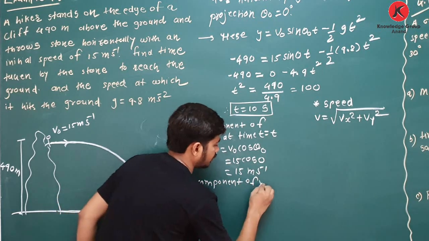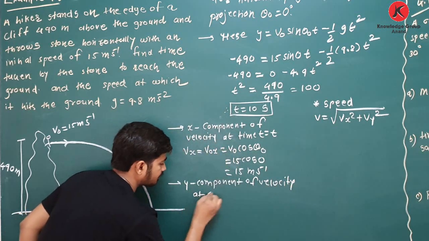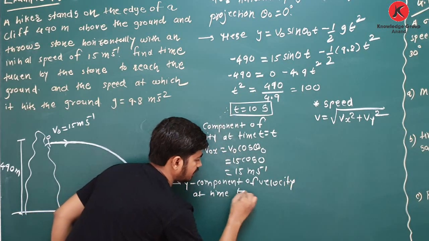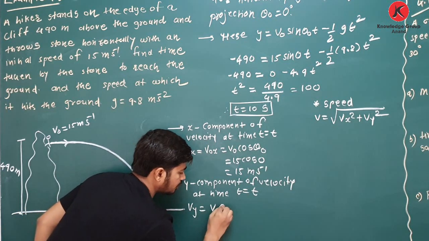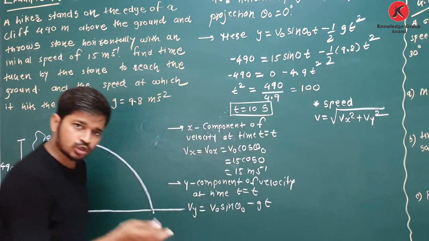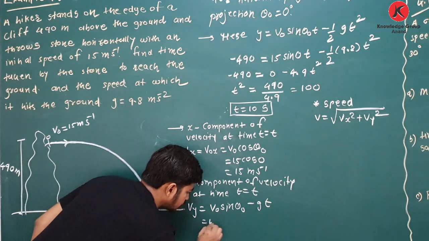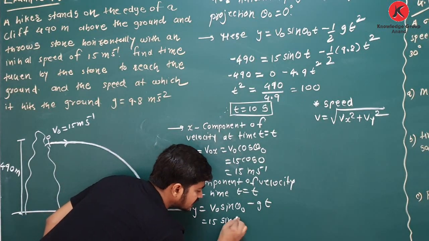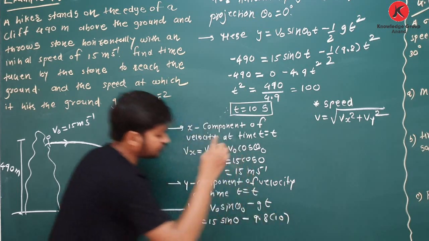Now the y component of velocity at time t. Vy is equal to V0 sine theta 0 minus gt. Yes, you know this equation. V0 is 15 sine 0 minus g 9.8 and t here is 10.